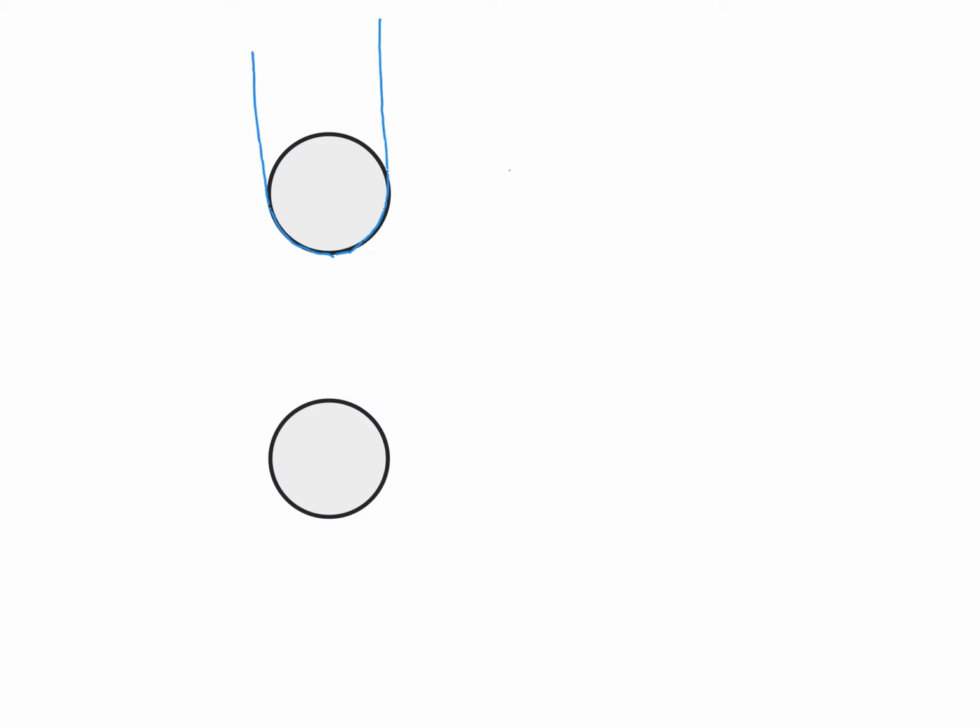As an example, just consider that this string is getting released, and let's say the string on the right side is getting released by a distance equal to, take it as 5 meter, and the string on the left side is getting displaced by a distance, let's say, equal to 15 meter.